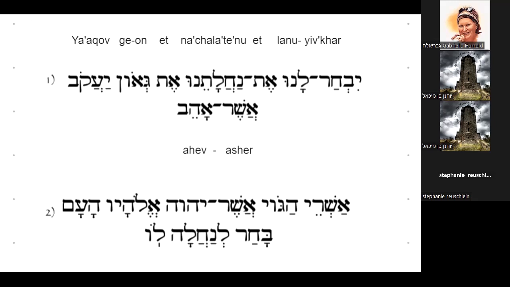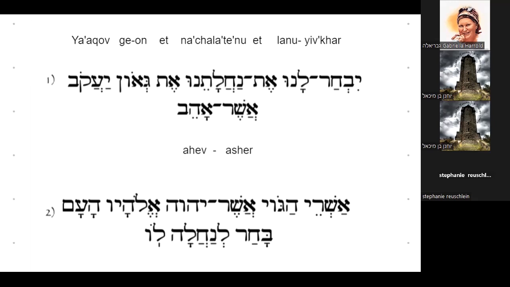So it is the word Bechar, this is where we get the root Bechor from. Okay? So the Bechor is what? He's the firstborn. All right? So the Bechor is the firstborn. The word Bechor, right, means chosen. So Yivchar means what? He will choose. Very good.